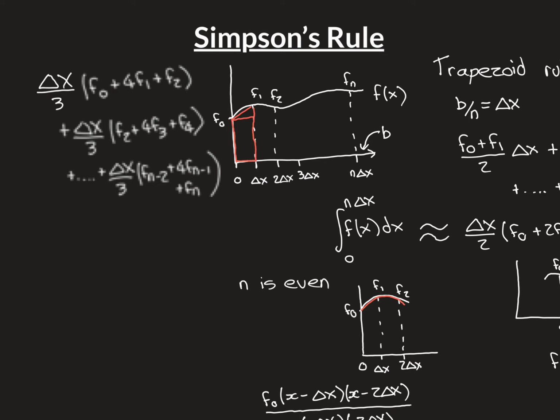So coming back up to our original problem then, we're trying to get this approximation for the integral of our function f of x from 0 to this point b.